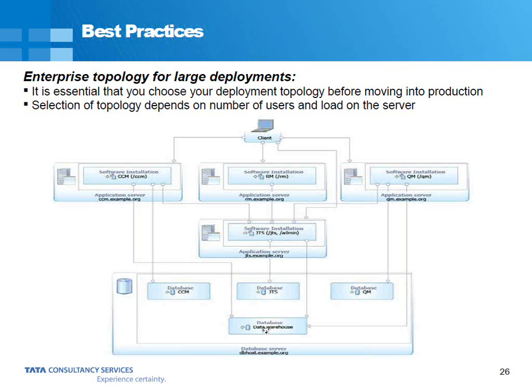If you are deploying for a large team, or across the globe, you can decide to go for this topology based on the number of users. There's also a very good article on jazz.net about server sizing, if you want to decide on hardware, like how much RAM you want or how much hard disk space is required.